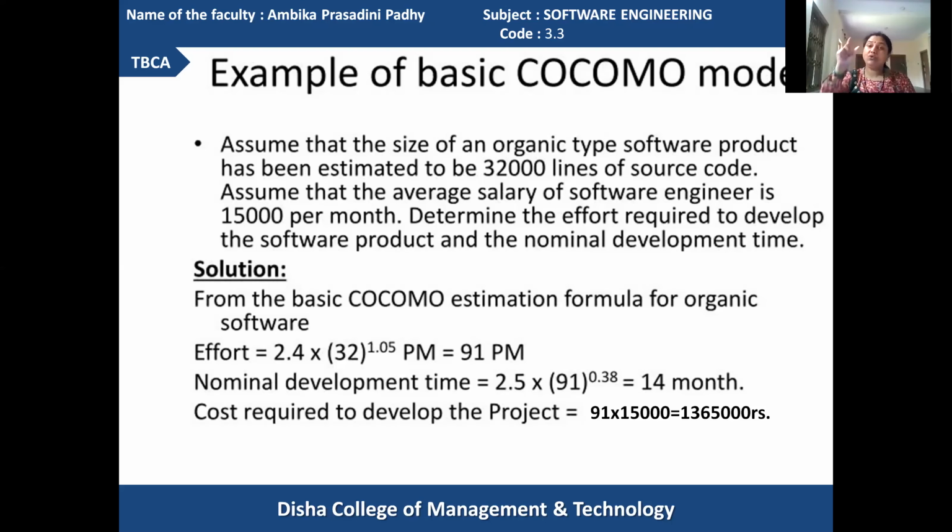Using the effort, you can calculate the time required. The expression for calculating time in case of organic type software is 2.5 multiplied with effort to the power 0.38. Your B1 is 2.5 and B2 is 0.38 according to the organic category.